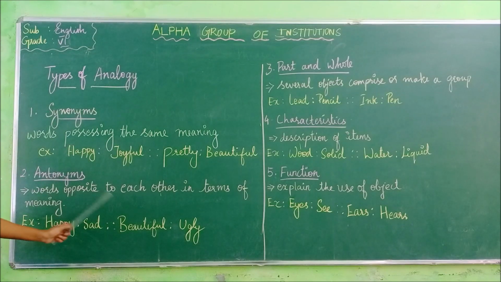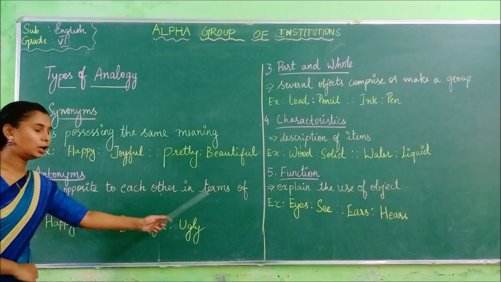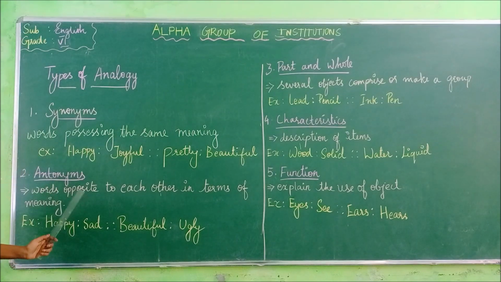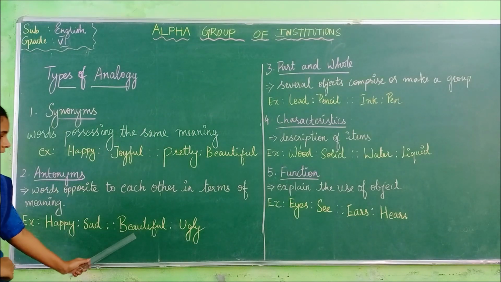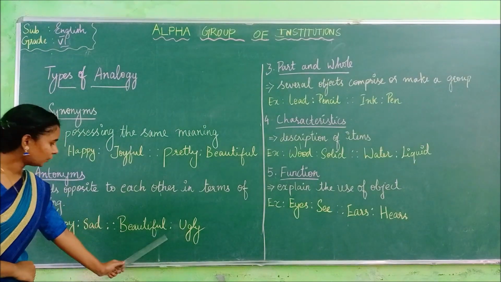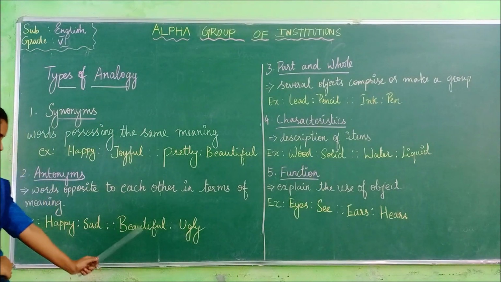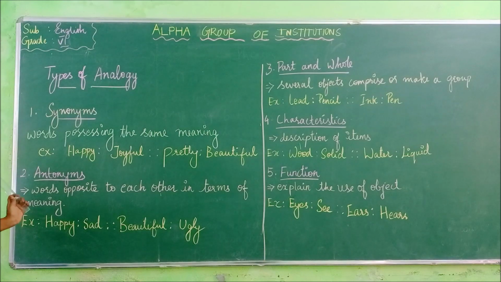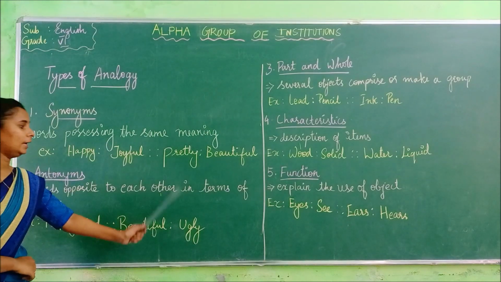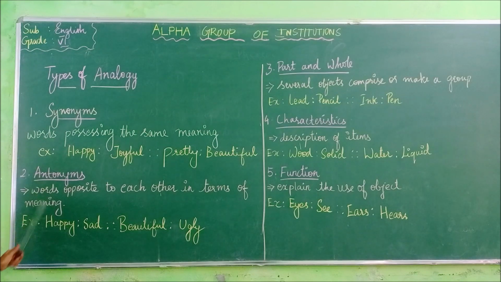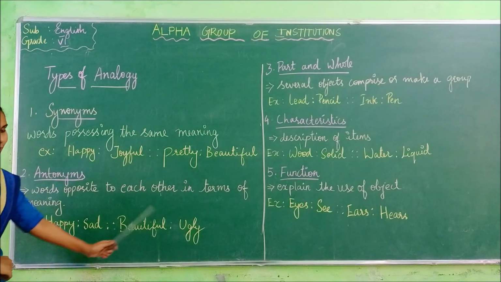Words opposite to each other in terms of meaning. For example, happy, sad. Here sad is the antonym of happy. Likewise, beautiful, ugly. So these two words are the opposites.